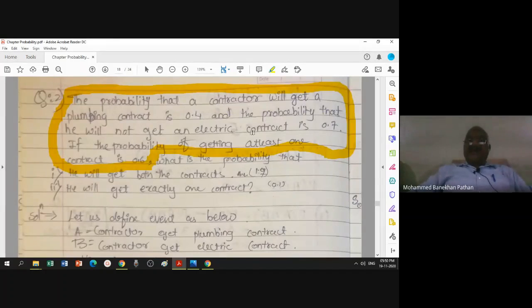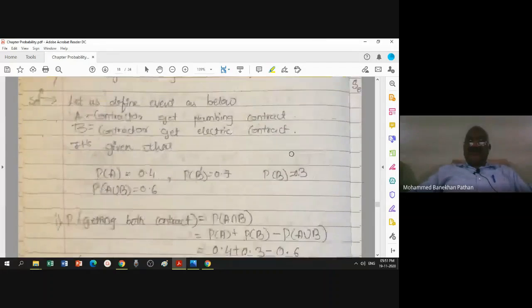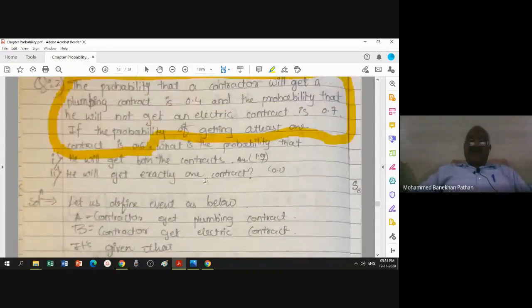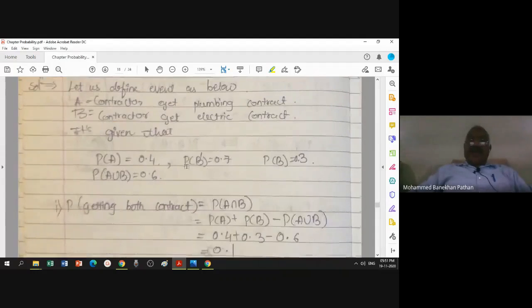Chance of getting electric contract 0.7, that is P of B. Sorry, not getting. So when it is not getting, I have to write a dash. So P of B dash is 0.7. Therefore, P of B becomes 0.3 by the complement result.